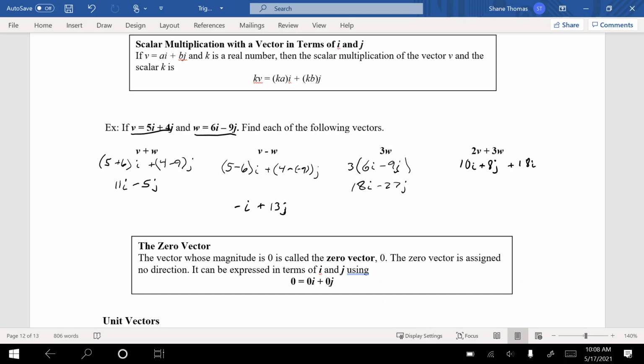And 3 times negative 9 is going to be negative 27. Combine them. 10 and 18 is what? Good, 28. 8 and negative 27 is negative 19. How many of you guys got that one? Okay, the math isn't crazy hard, is it?